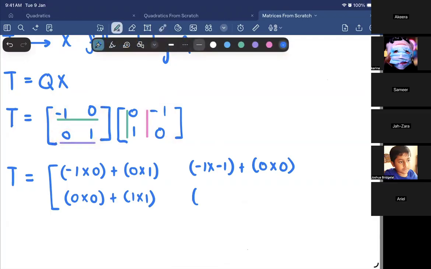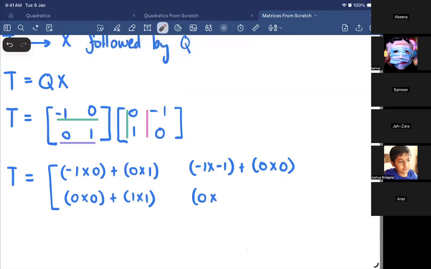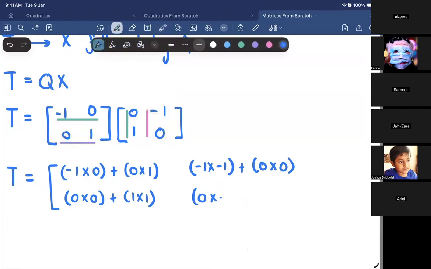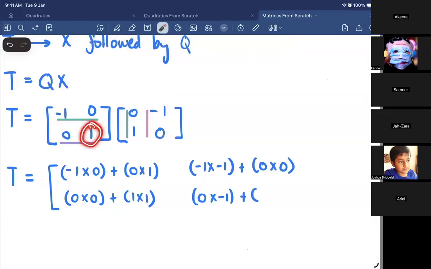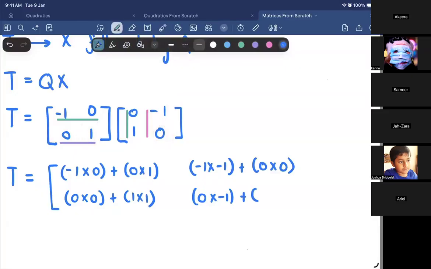You tell me what to write. Nah. So check it out. This is the first one here, and this is the first one here. So 0 by -1. Now I'm going to do the second by the second, so that's going to be 1 by 0.